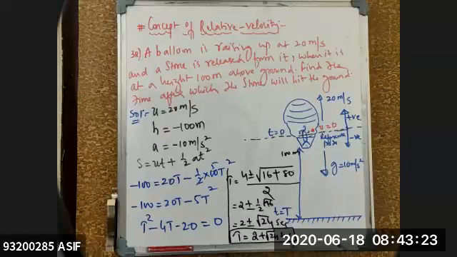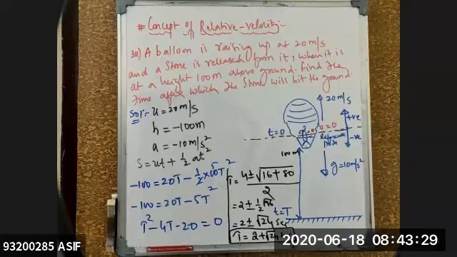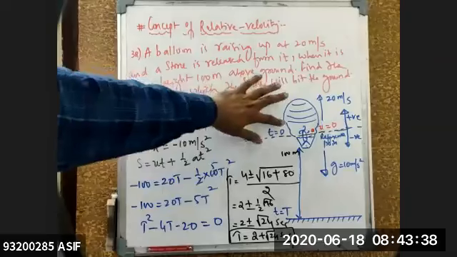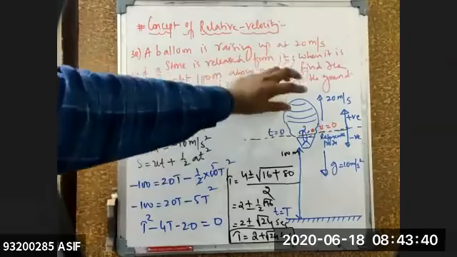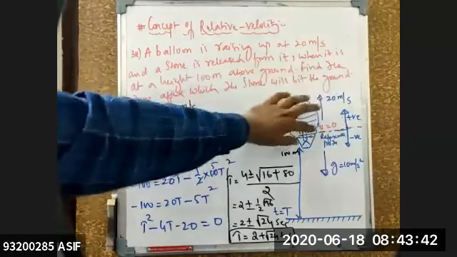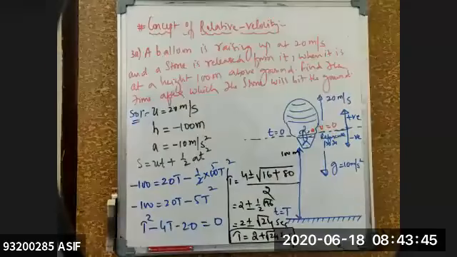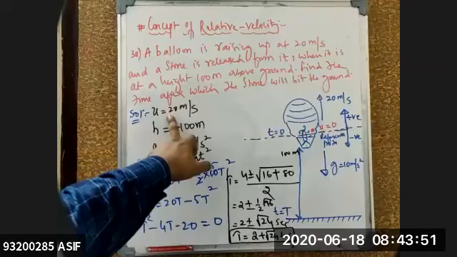If a six is hit by some batsman, the person catching will take his hands in the backward direction, because if the hand also moved with the same velocity in the backward direction, the velocity of that body will be decreasing. So that is the reason, from any moving body, if anything is thrown, that stone will get the same velocity in the direction of the balloon. So I took the velocity of that stone to be equal to 20 meter per second.